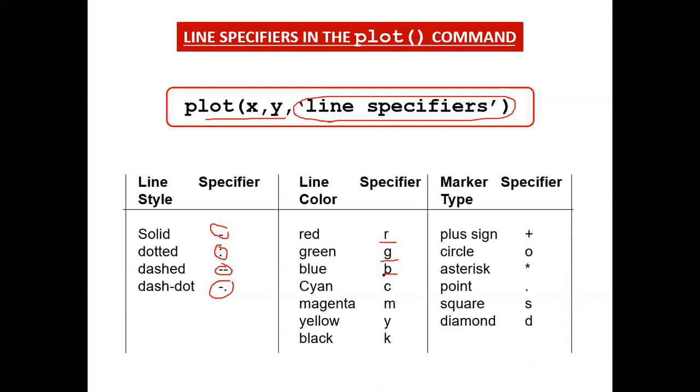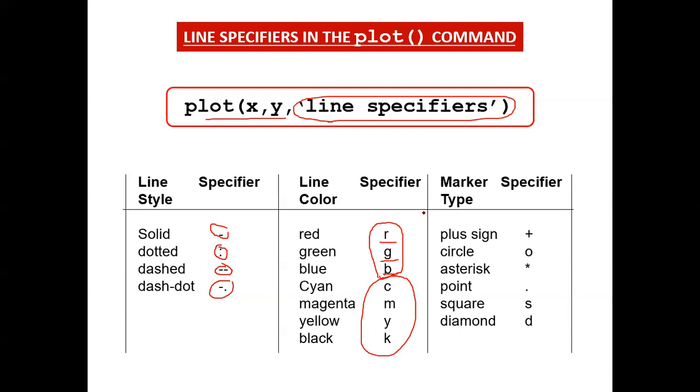If we know the direct color, we can add it as RGB, or we can choose CMYK: cyan, magenta, yellow, and black. Whichever color we need, we can choose with the help of this specifier.